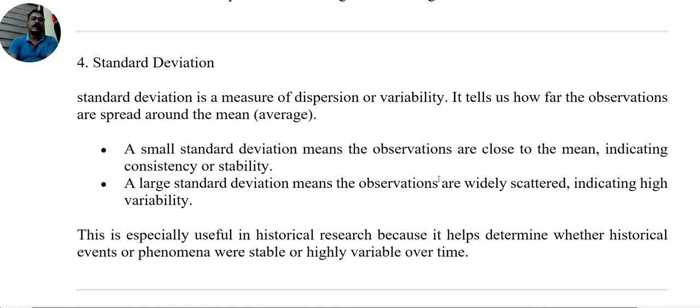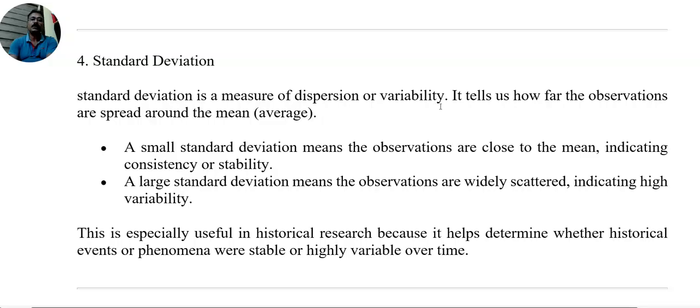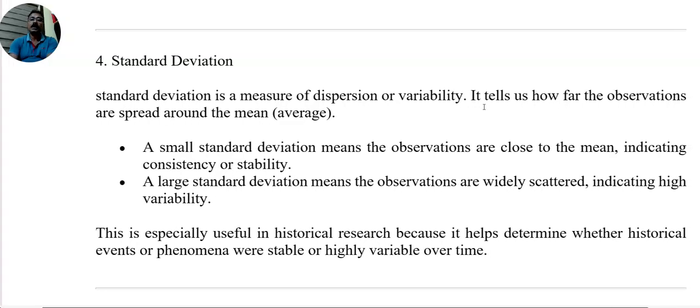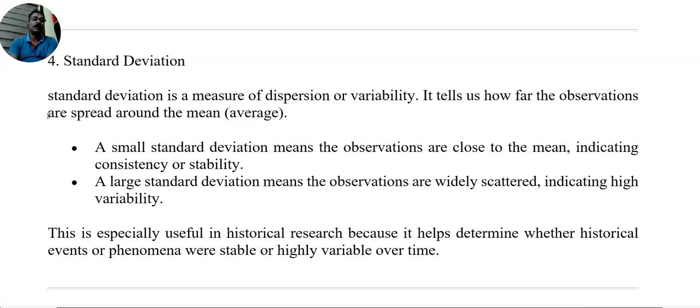Standard deviation. Standard deviation is a measure of dispersion or variability. It tells us how far the observations are spread around the mean. A small standard deviation means the observations are close to the mean, indicating consistency or stability. A large standard deviation means the observations are widely scattered, indicating high variability.